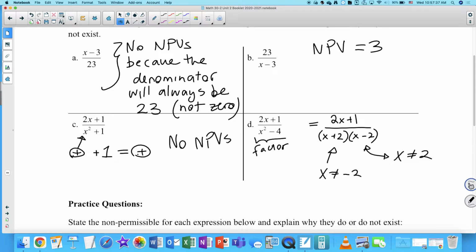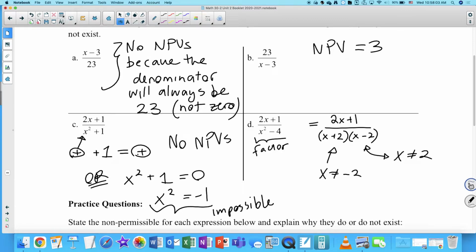Okay? You can also think about, like, let's say that x squared plus 1 did equal 0. Then x squared would have to equal negative 1. That's impossible. Because a number times itself will always be positive. Okay?